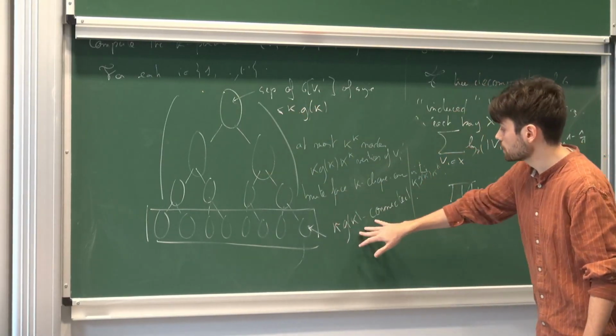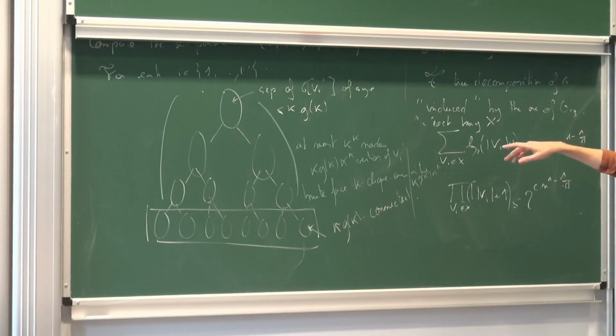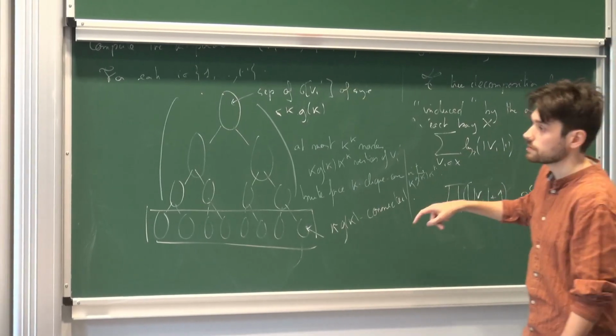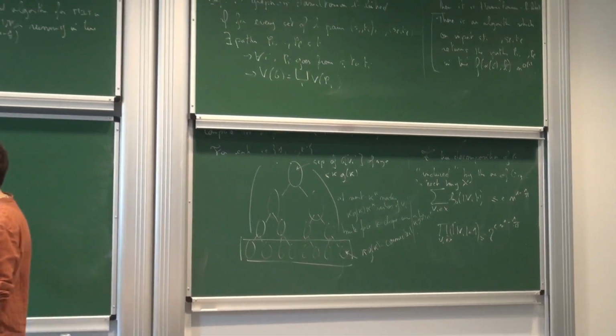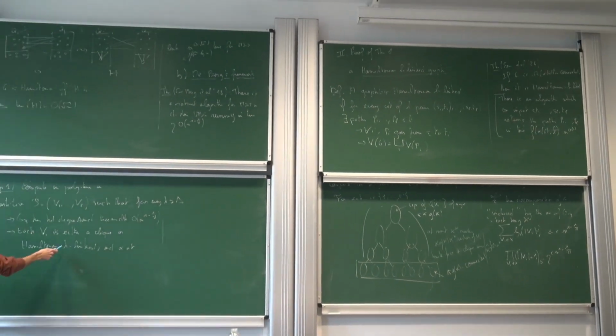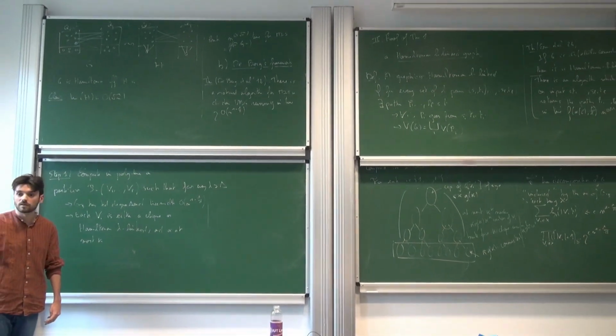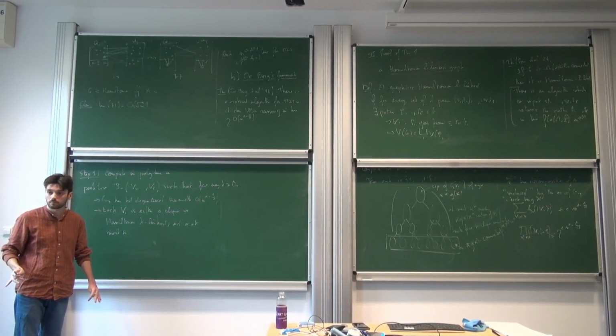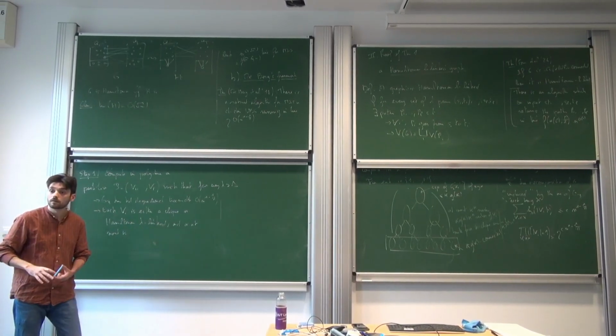And using this lemma, we can fix G of kappa large enough to ensure that each V_i prime is lambda linked, for lambda a large enough constant.